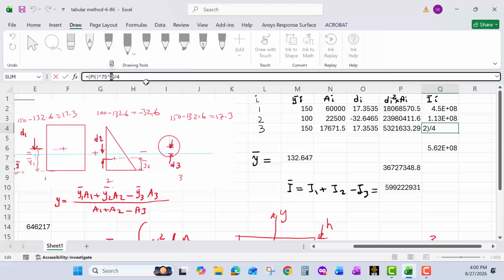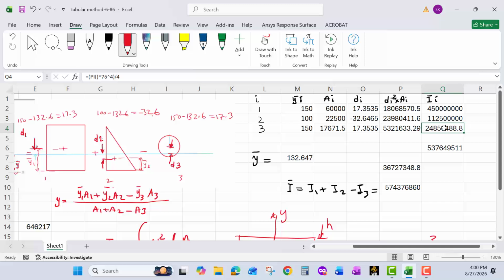The radius to the power of 4 divided by 4. Okay, so that makes this one corrected. This is pi r⁴ divided by 4. This is the second moment of area for the rectangle.